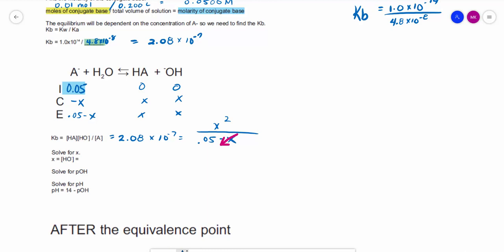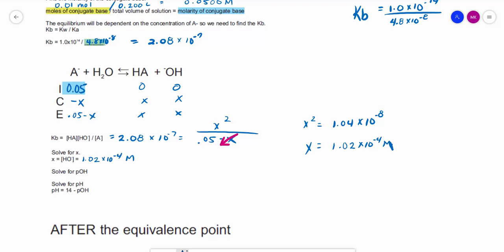So I multiply both sides, 2.08 times 10 to the negative 7 times 0.05, and I get x squared is equal to 1.04 times 10 to the negative 8, but I'm not done. I need to take the square root of that so that I get my x equals. I need x by itself. So that's 1.02 times 10 to the negative 4, capital M, molarity. So x is the concentration of the hydroxide ion this time, not hydrogen.